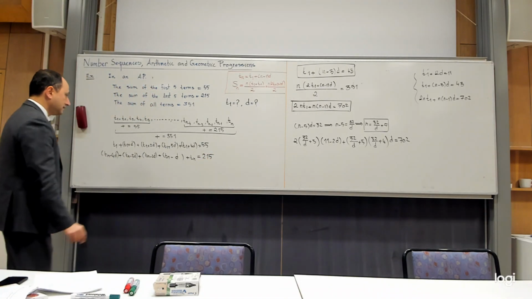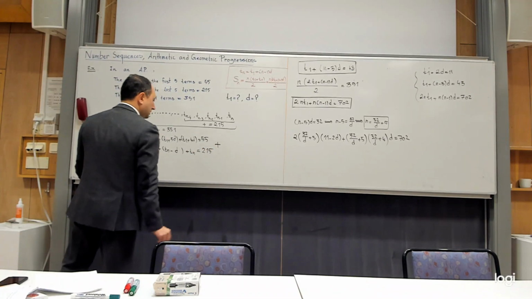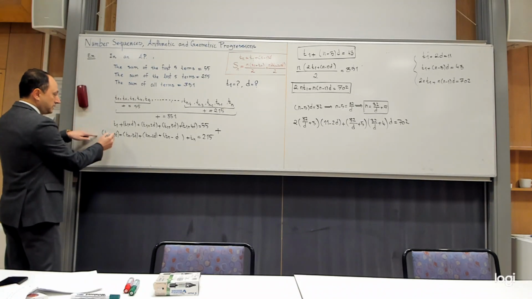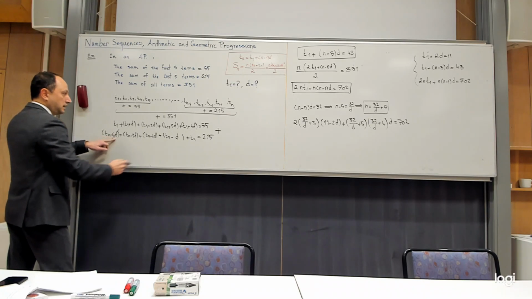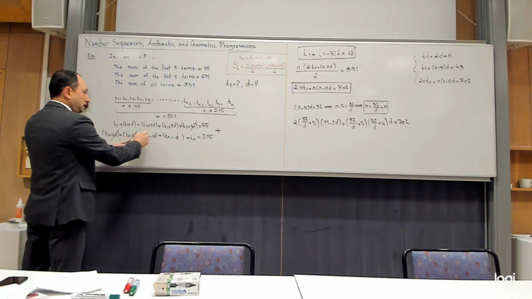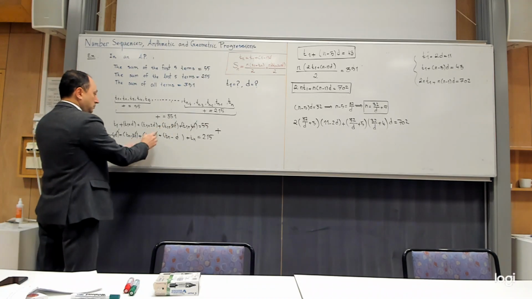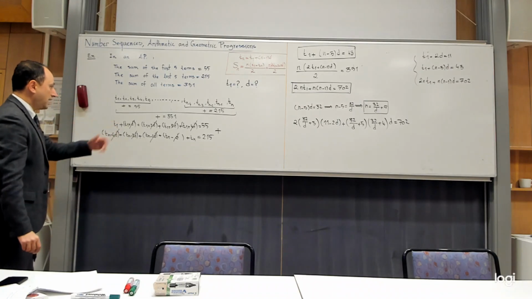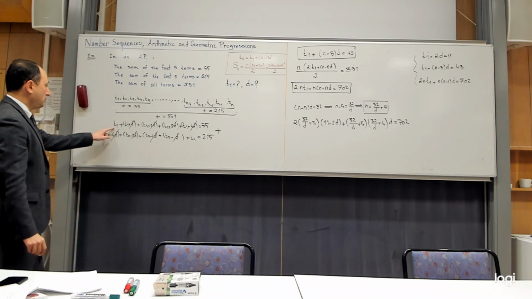And then I add them. What motivates me to add them? Because I see that when I add them, this minus 4D here and that 4D here are cancelled. And this minus 3D here and this 3D are cancelled. Minus 2D and 2D, minus D and D. And I start adding them, yes? So you see how many terms are left?